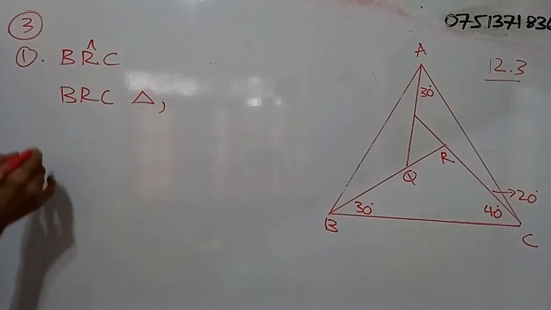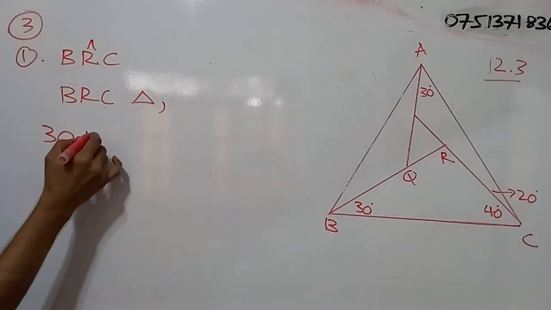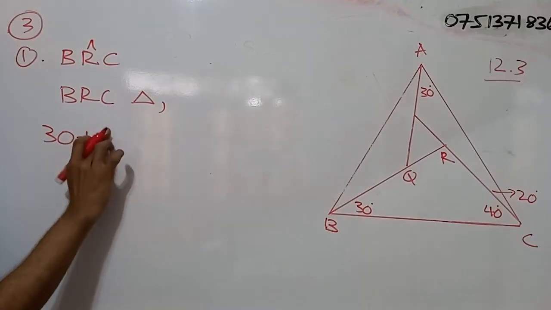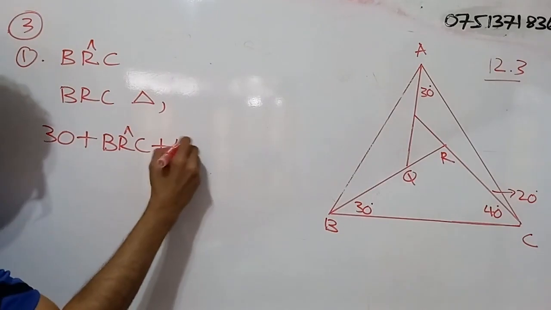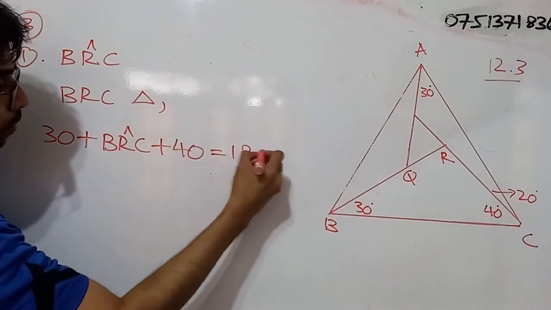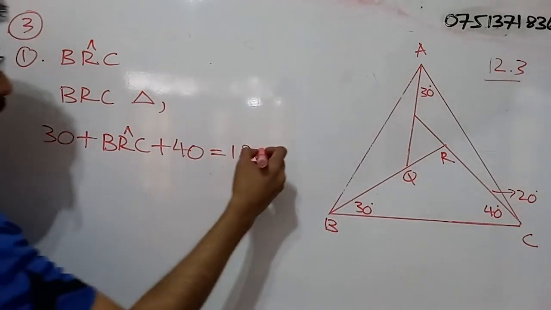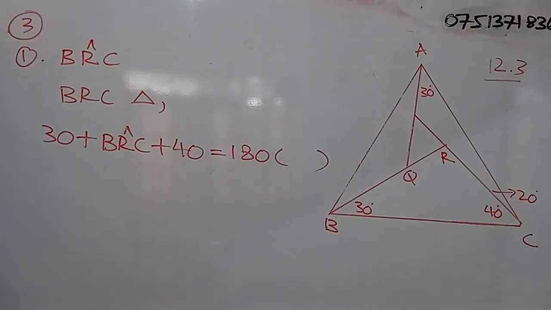We can write what? 30 plus angle BRC plus 40, that is equal to what? 180. So definitely you have to write down the reason. What is the reason? Sum of internal angles of a triangle. Right?